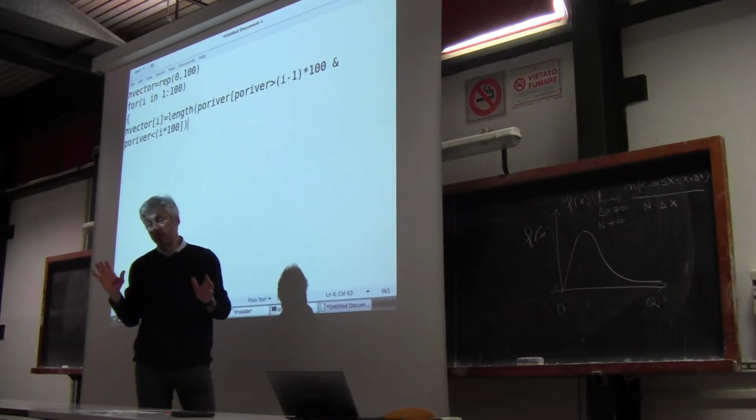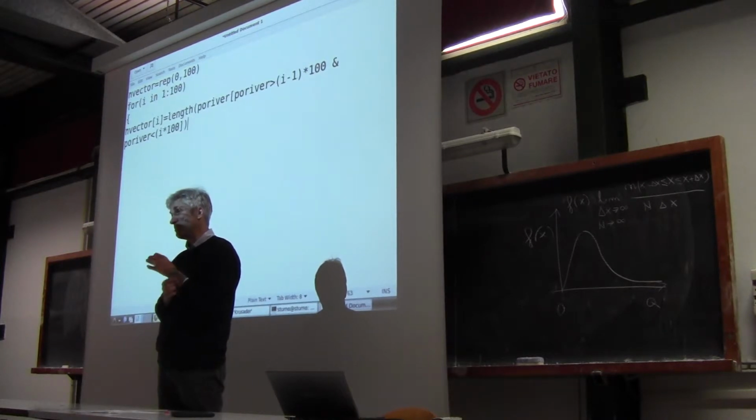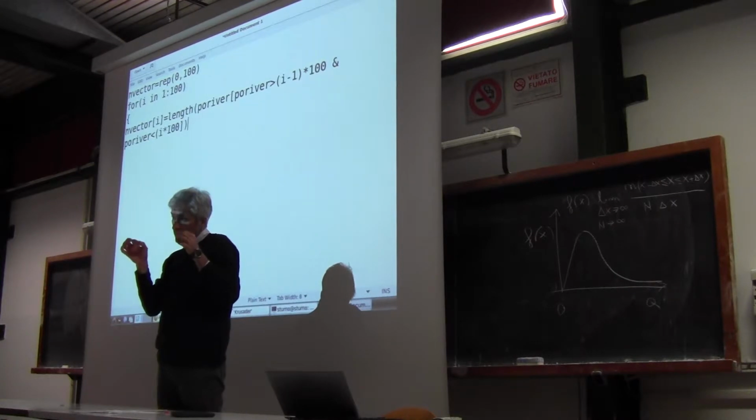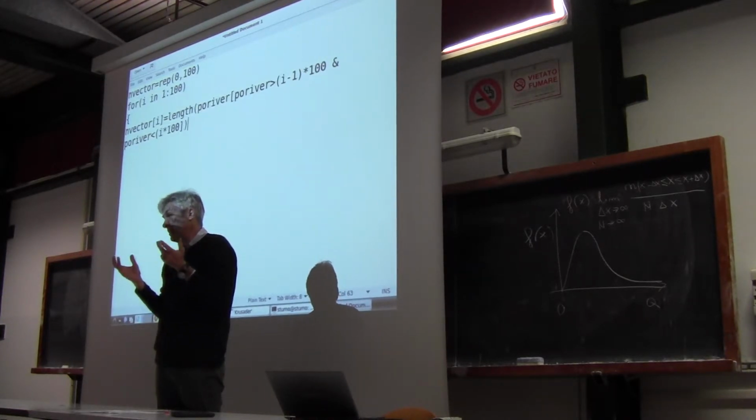Really, we run a very small risk of missing some values, because if we have values that are strictly equal to multiples of hundreds, we miss them. But it is quite unlikely.